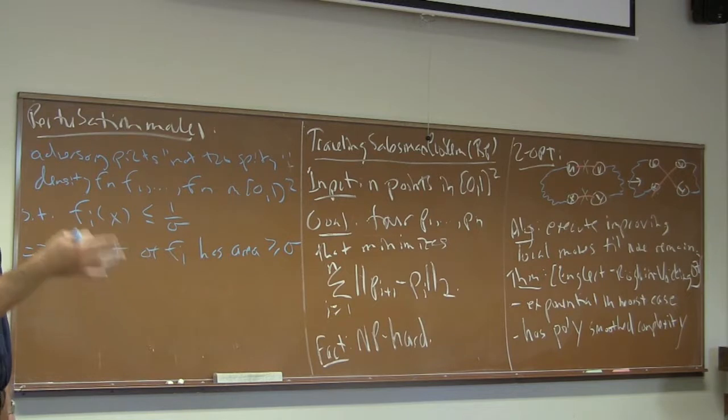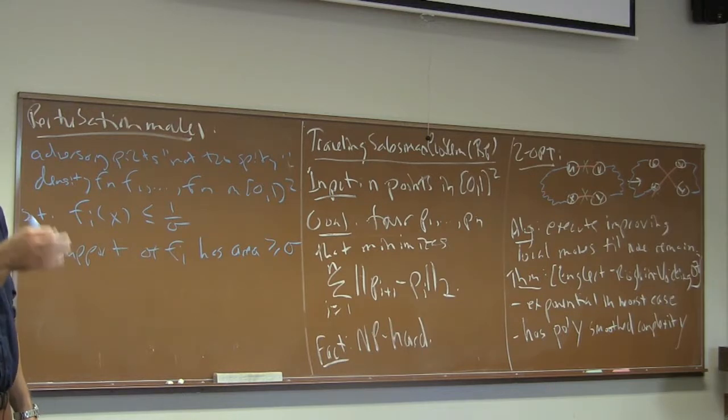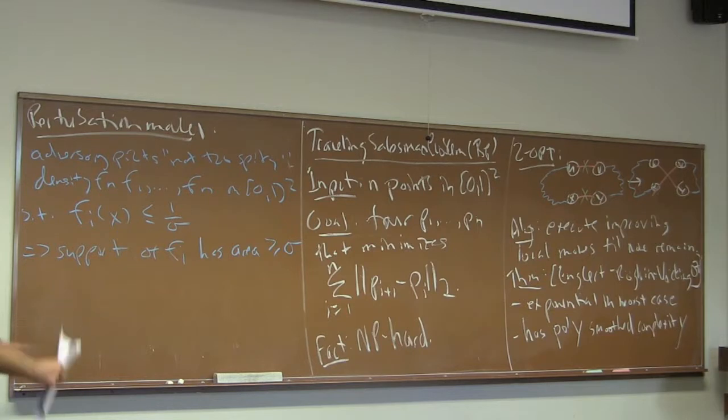So if you're uniform on a support of area sigma, then Fi is equal to 1 over sigma everywhere. The smaller the sigma, the smaller the area you can concentrate the distribution on. We still have to show that this conforms to our other definition of smooth analysis. At the moment, I'm proposing this as a different model, or another definition.